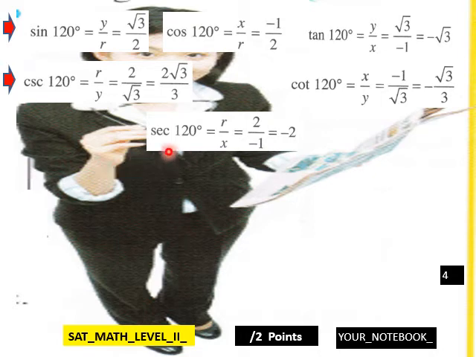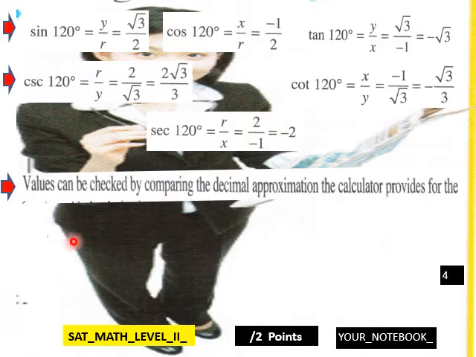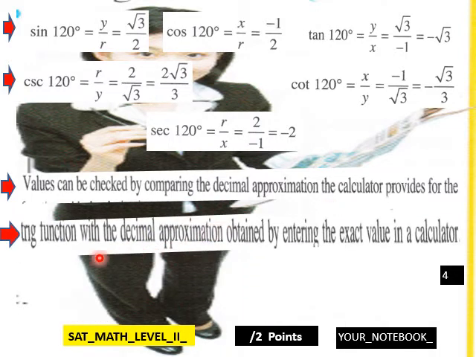And our secant would be the inverse of our cosine, so instead of negative 1 over 2, it'd be 2 over negative 1, which is negative 2.